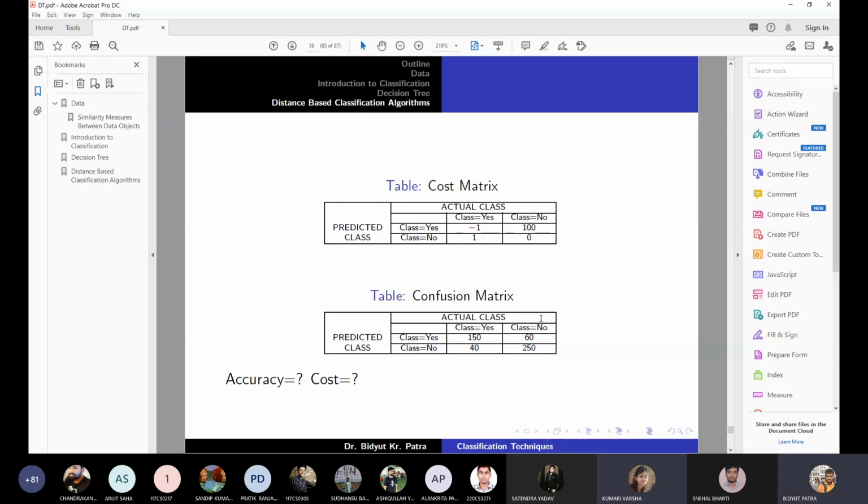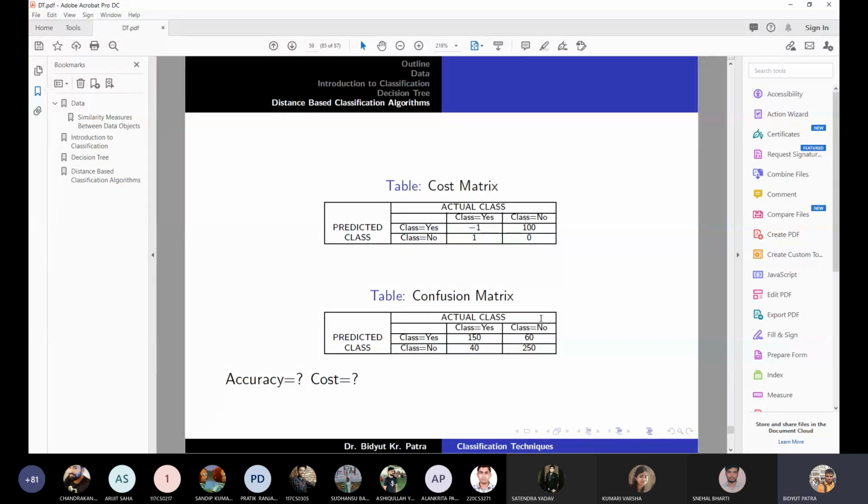Sir, I have a question. Can we form this confusion matrix for more than 2 classes? Yeah, we can. In that case, one class is considered as the positive class and the rest of the classes are considered as the negative class. Let's say you have 3 classes A, B, C: A will be the positive class, and B, C will be the negative class.